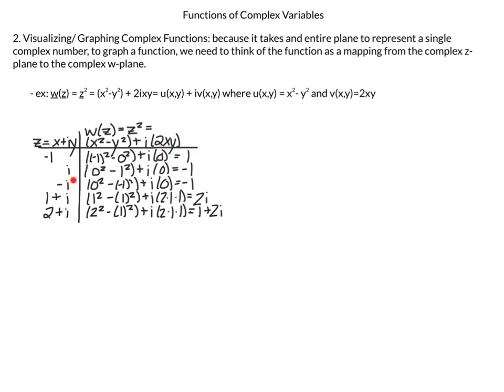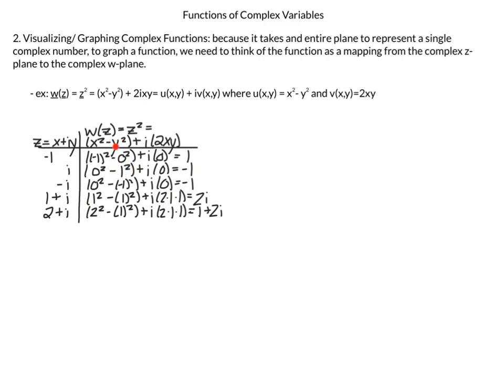When I calculate for z equals i, in this case, x is equal to 0, y is equal to 1. So I have 0 squared minus 1 squared plus, and here I have my i, 2, and then since x is 0, I just put a 0 here, and I get negative 1. So be careful here.